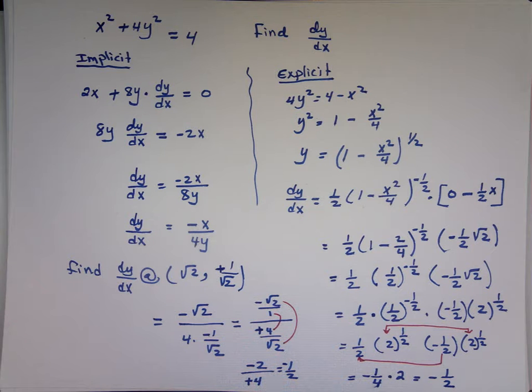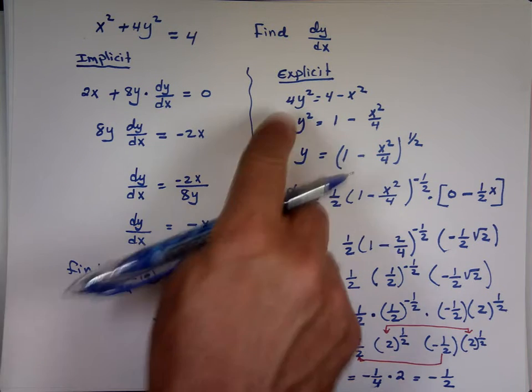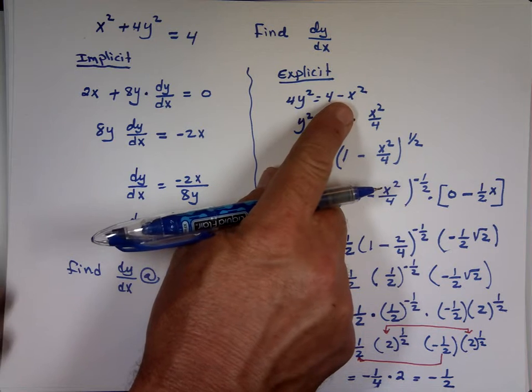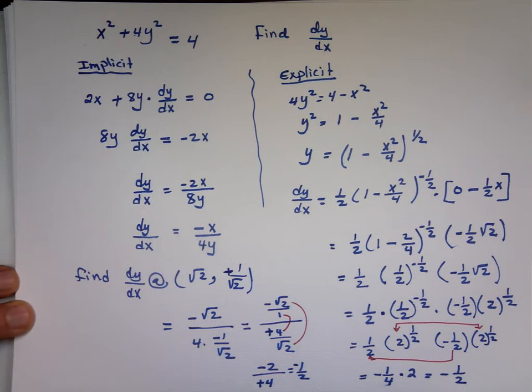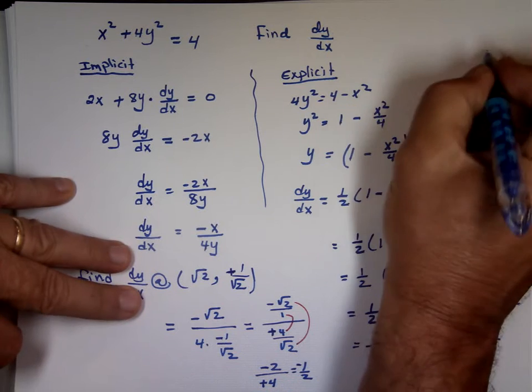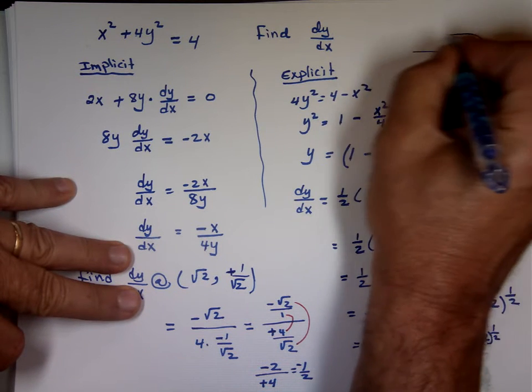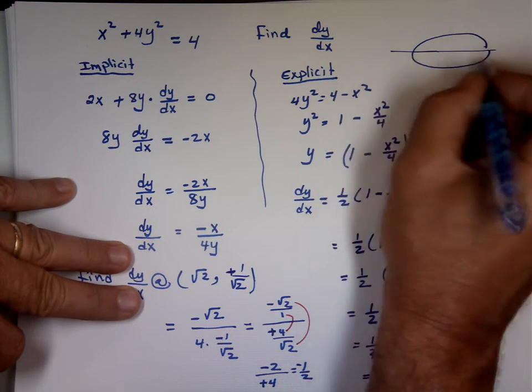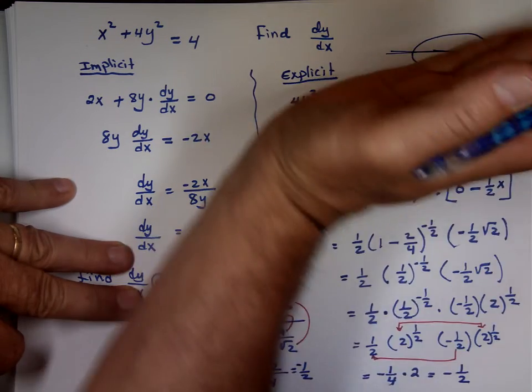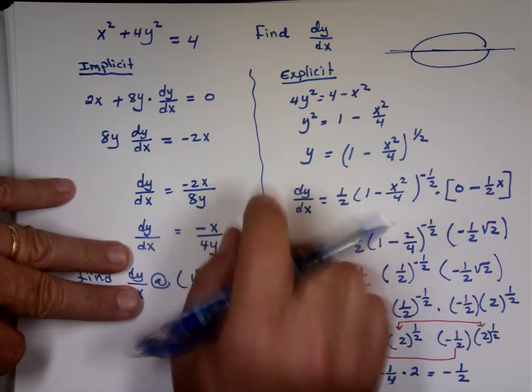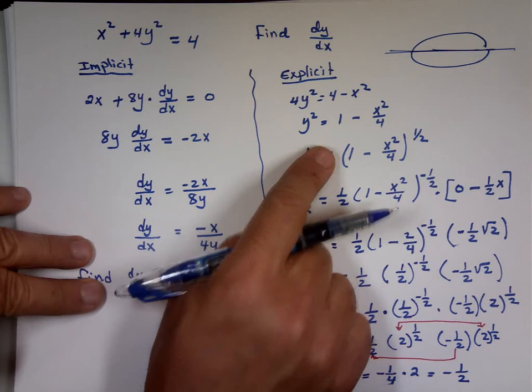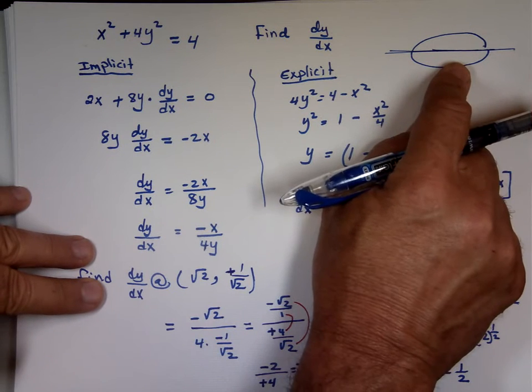If I want the bottom half, notice that's really an ellipse. If you look at that, that's the graph of an ellipse. So the ellipse looks like this. You can have either the top or the bottom. If you do the top half, that's a positive, because when you have y squared, y equals plus or minus. If I want the bottom one, I'll make that a minus.